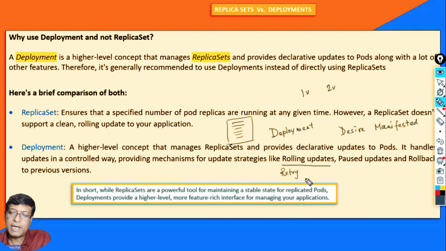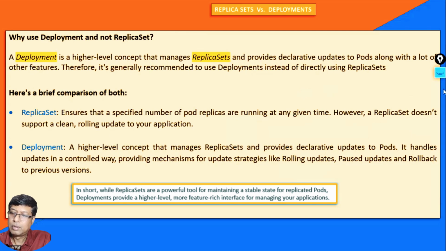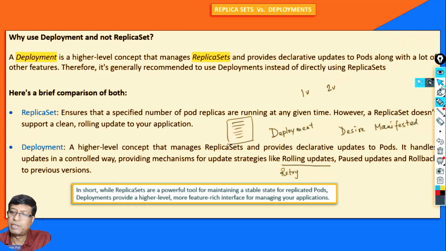Now, there can be an error, so you have retries, and at a certain level of retrying, you can roll back to the previous version. So this will happen automatically, smoothly, without your notice. And that is called a blue-green deployment.